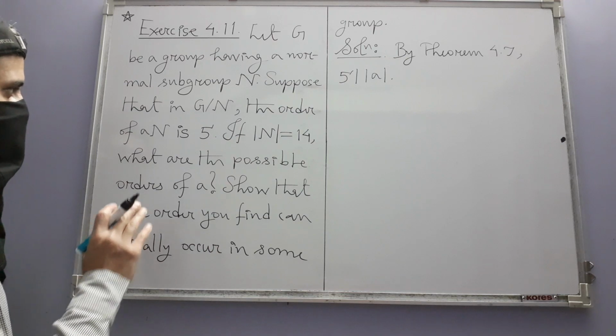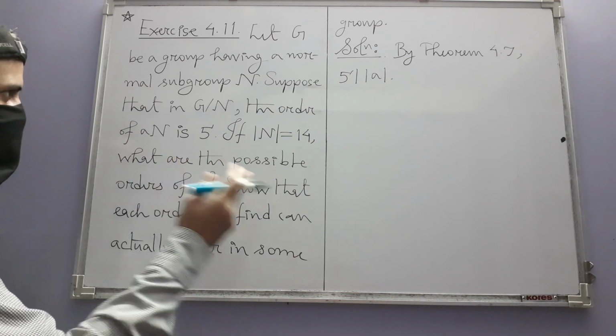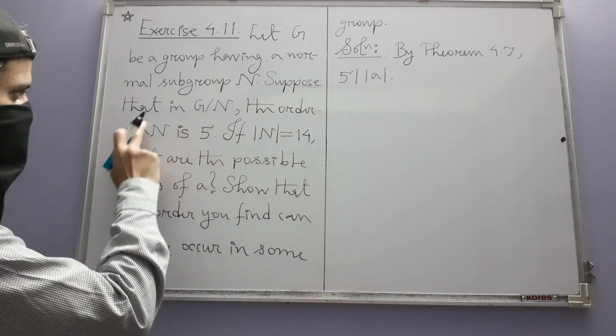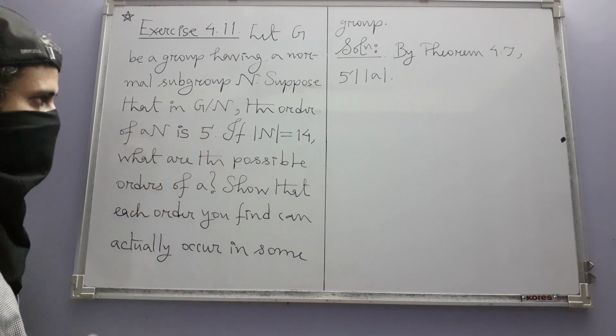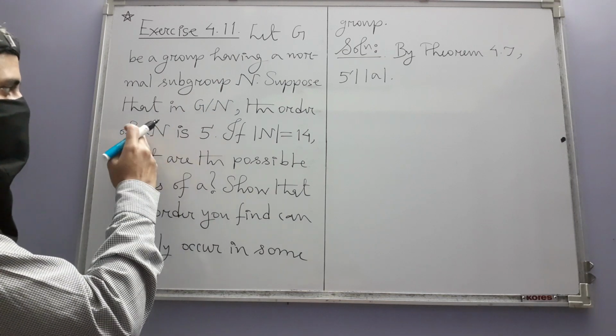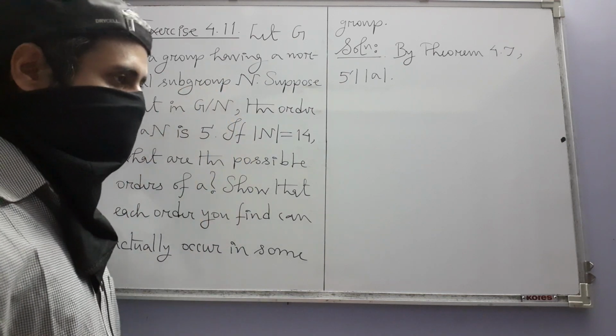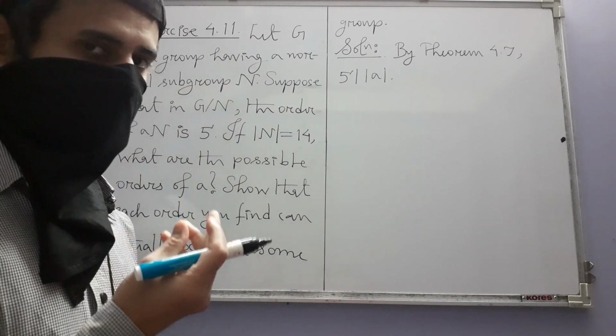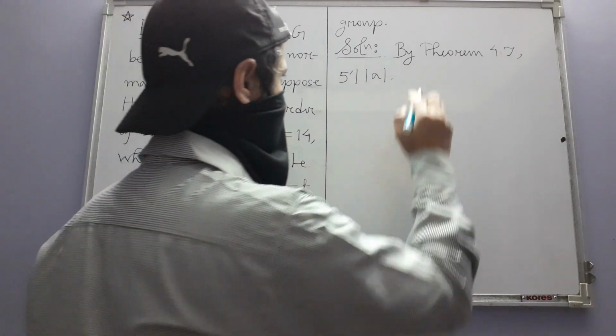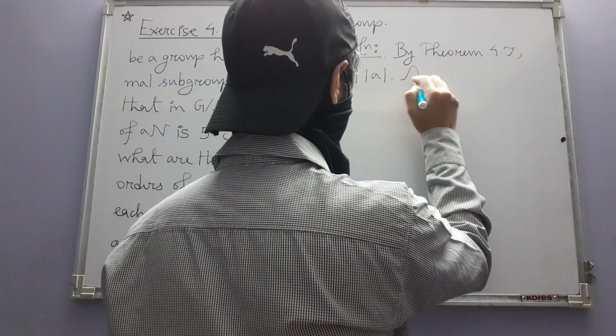Another thing we can have from this statement is this: since the order of An in the factor group is 5, the fifth power of An is going to be equal to the identity element of the factor group, which is nothing but the normal subgroup N itself. So we have this as well.